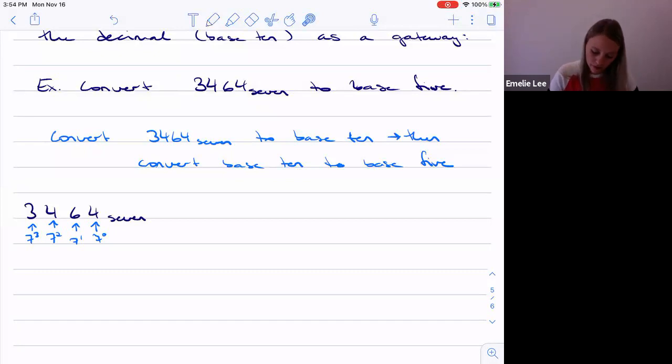Okay. Right, I'm working in base 7. I always start with 7 to the power of 0, to the power of 1, 2, 3, and so on and so forth if I need them.